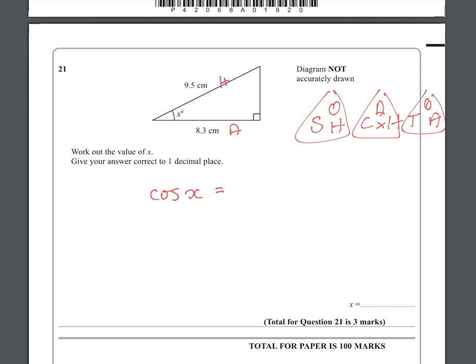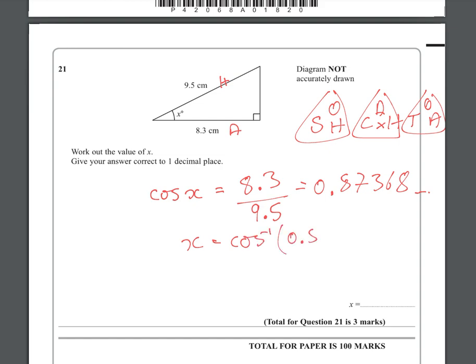So, the cos of the angle is the adjacent, 8.3, over the hypotenuse, which is 9.5. That's going to be 8.3 divided by 9.5, which is 0.87368, and then x is cos to the minus 1, or arc cos of all of this.